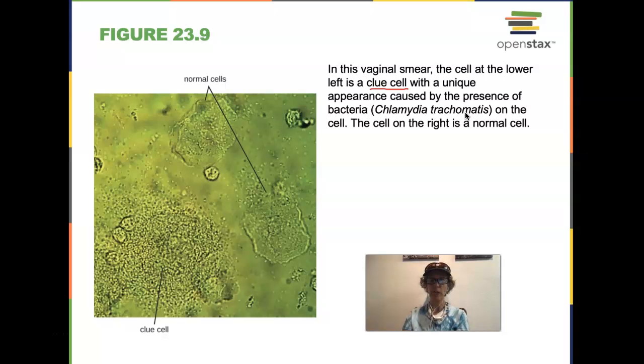There would be chemical tests to confirm this, but a very quick smear on a microscope slide could indicate to the patient while they're in the clinic that there is an abnormal smear. This doesn't indicate cancer because these are vaginal epithelial cells and these are bacteria. But it's Chlamydia trachomatis, one of the most common sexually transmitted illnesses.